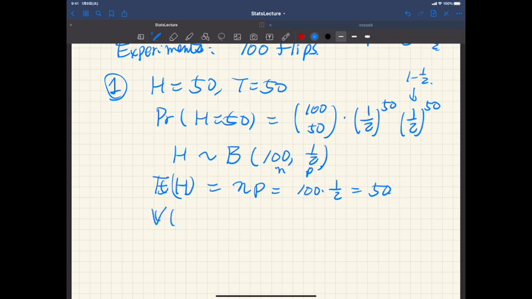And the variance, if you remember, is np times 1 minus p, which is 100 times 1/2 times 1/2, so it's 25. So you can approximate this binomial distribution by the normal distribution.